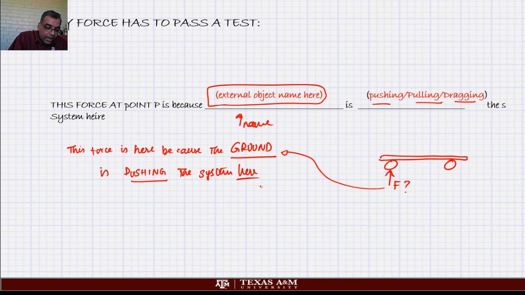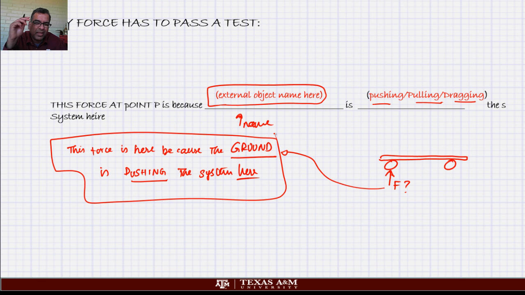If you cannot write this statement, then you should ask yourself, is there really a force? Okay, that's how it works, and that's the basic idea of drawing a free body diagram.